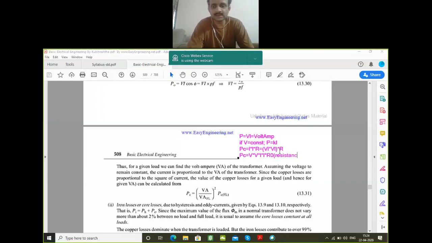And the copper loss at full load is equal to V into V into I into I into RL.